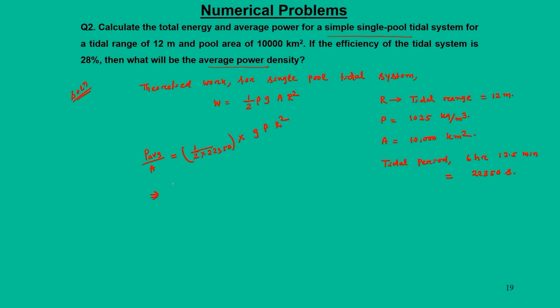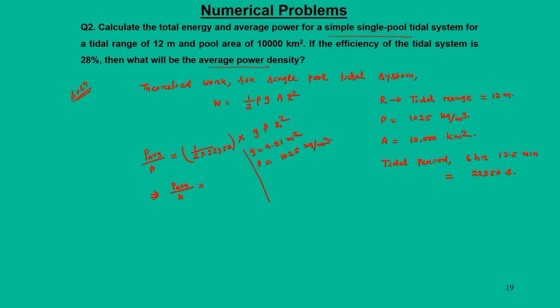So putting this number, P average by A, where G is known and rho is equal to 1025 kg per meter cube.